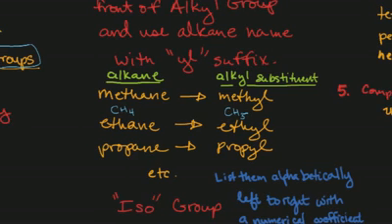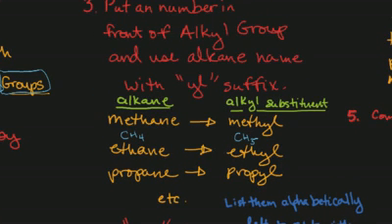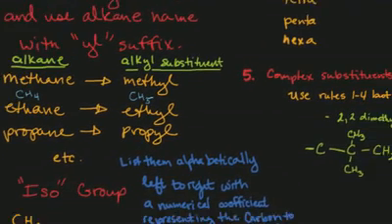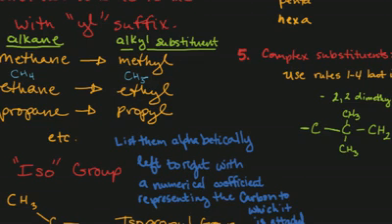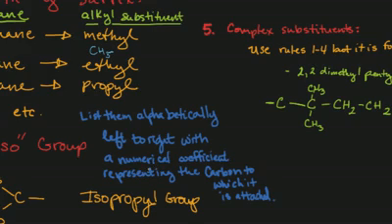Same thing with any one of those alkanes. You're going to list them alphabetically from left to right, and give a numerical coefficient, meaning a number in front of, let's say, the methyl group, and it represents the carbon at which the main chain branches off to that substituent: the methyl group, the ethyl group, the propyl group.